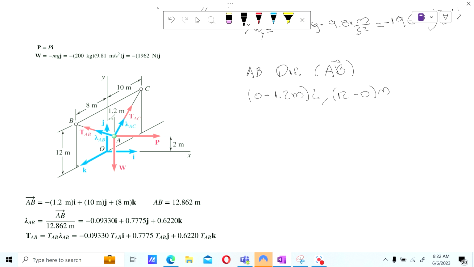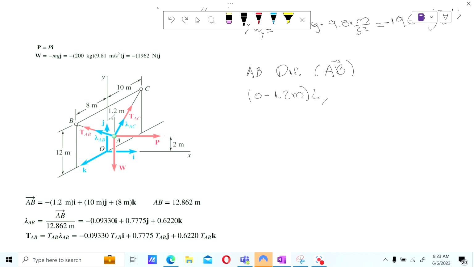Let's see. We're doing AB. AB is x is 0 minus 1.2, correct? Oh, we're doing 0.8. No, sorry, not point B yet. So yeah, that could be confusing. We're establishing what's point A. So this is the tail, the head minus the tail.